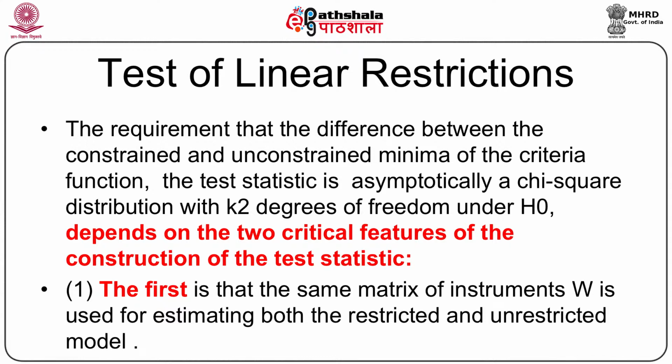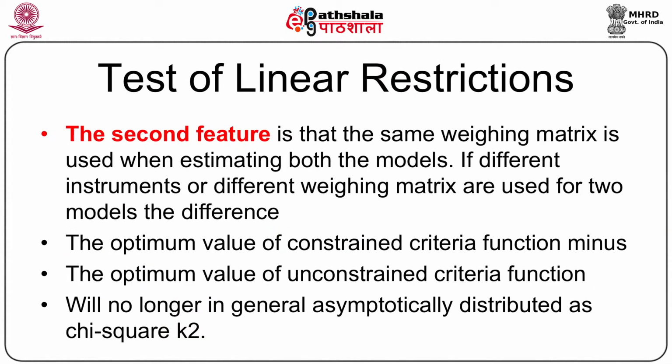The first is that the same weighting matrix W is used for estimating both the restricted and the unrestricted model. That is, you are using the same instrument matrix W while estimating both the restricted as well as unrestricted version of the model. The second feature needed is the same weighting matrix for estimating the model.